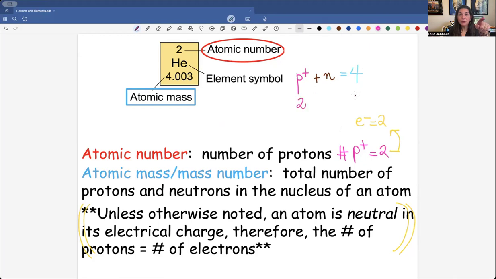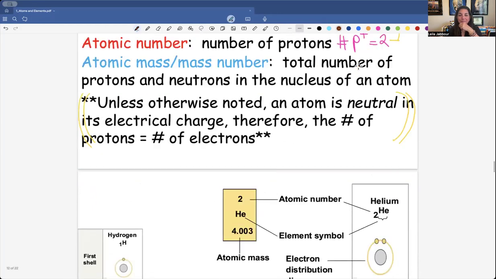It was 2. And 2 plus something is equal to 4. So because you're told what the atomic mass is, you can deduce that the number of neutrons is 2. 2 plus 2 equals 4. Perfect. Now we have all the information. We know that there are 2 protons in the center, 2 neutrons with them in the center, and 2 electrons that are orbiting around the center. That's it.